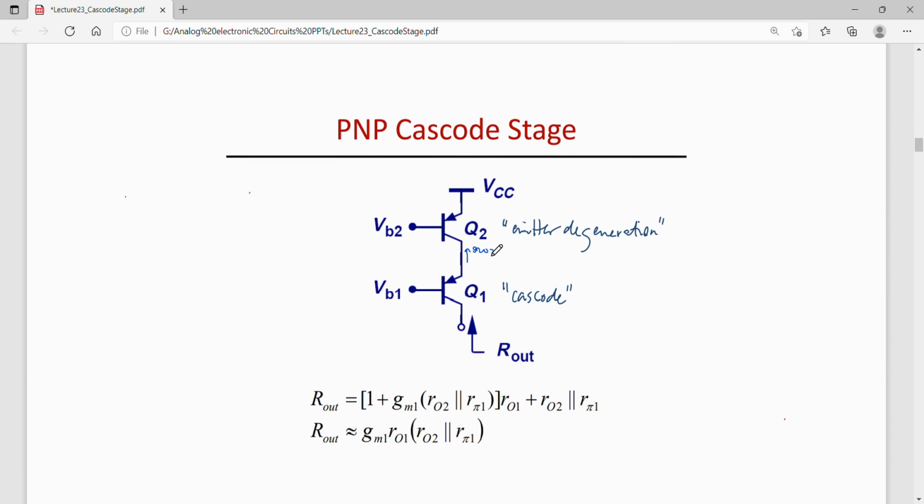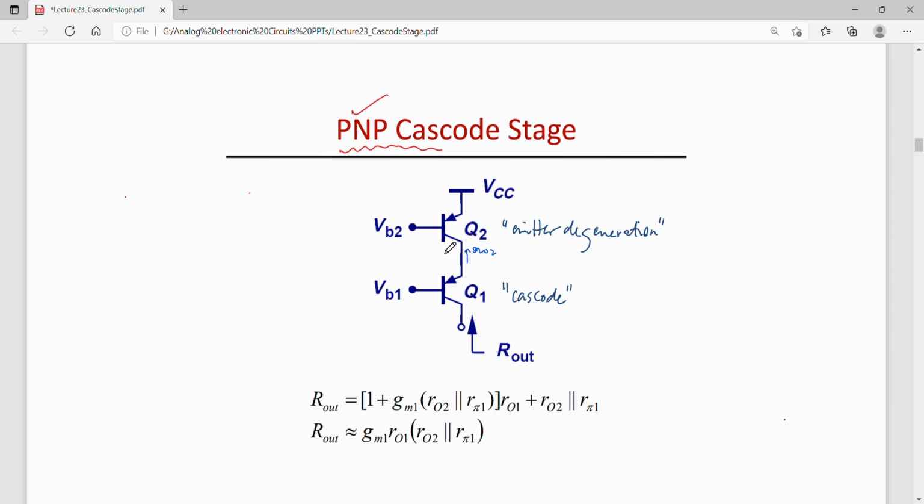Now, similar to the NPN cascode, one can also implement a PNP cascode stage. That is, instead of using only an NPN transistor, one can use a PNP transistor to implement the cascode stage, which is called a PNP cascode stage because it has only PNP transistors.